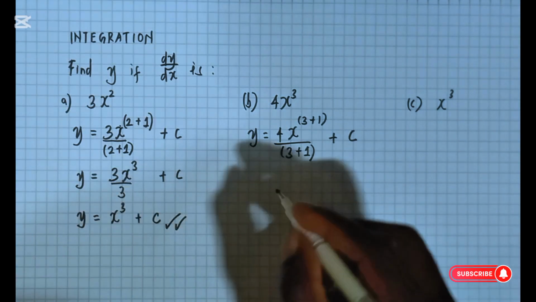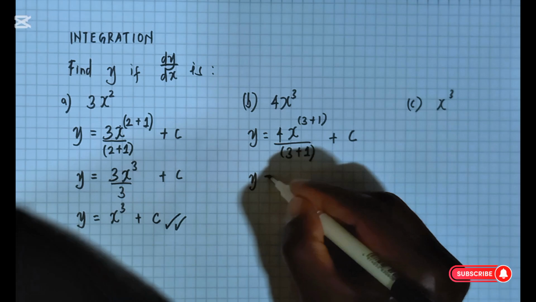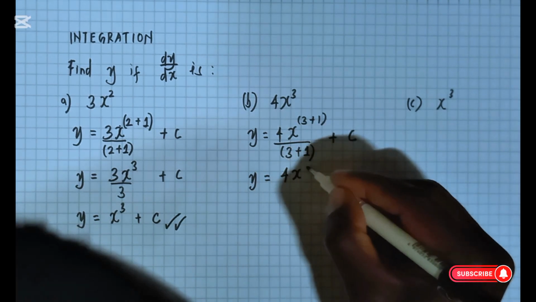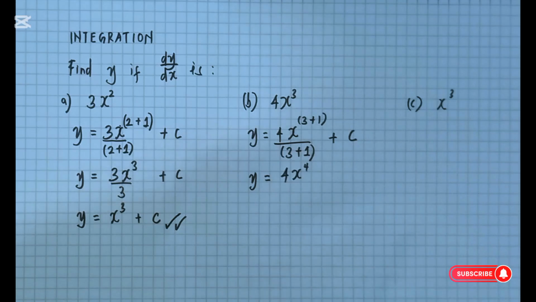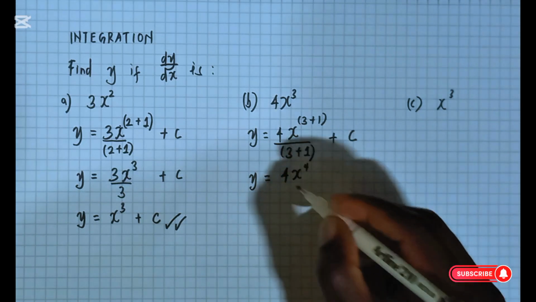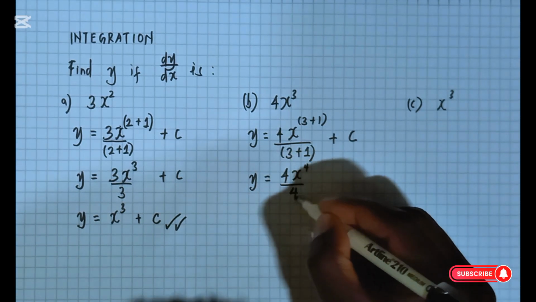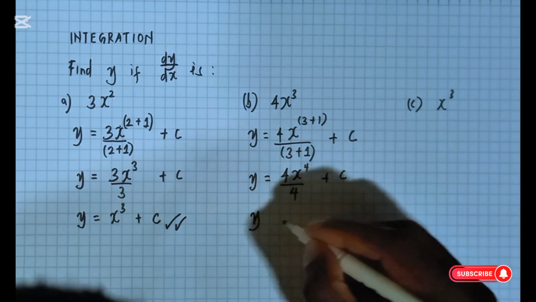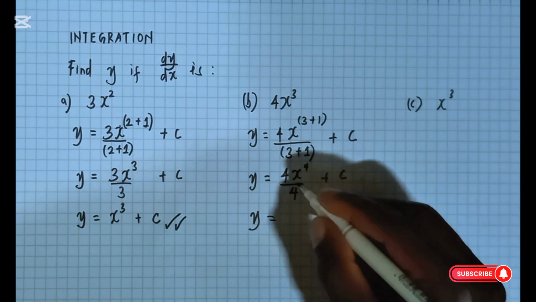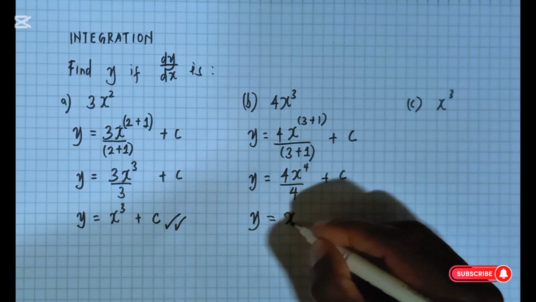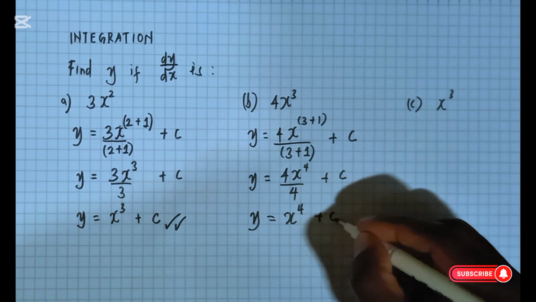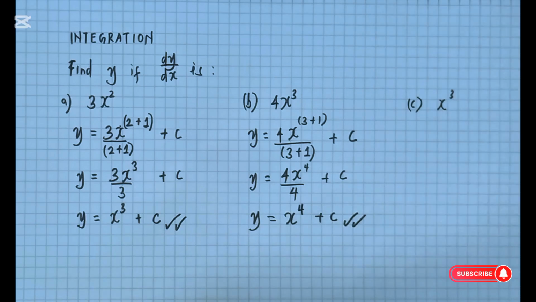Then we simplify: 3 plus 1 is 4, so it will be 4x raised to 4 all over 3 plus 1, which is 4, plus c. When you divide 4 by 4 here, our value for y will be x raised to 4 plus c, and that will be our integral function for our second problem.